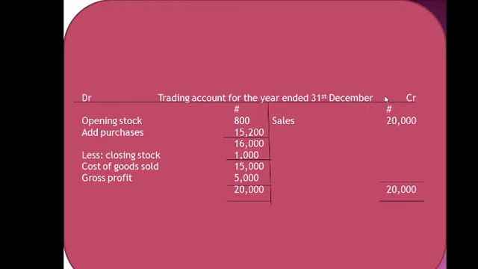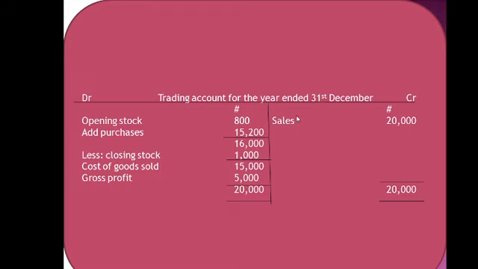If they had given us the year, I would have written the date. Is that clear? I have my opening stock 800. Add purchases, the one we got from our workings, 15,200, equals 16,000. Less closing stock 1,000. Cost of goods sold 15,000. We probably did this when we were doing our workings. Now the gross profit is 5,000.